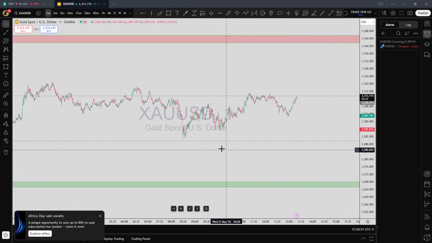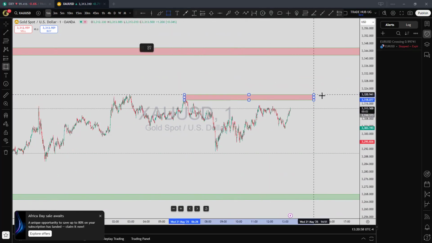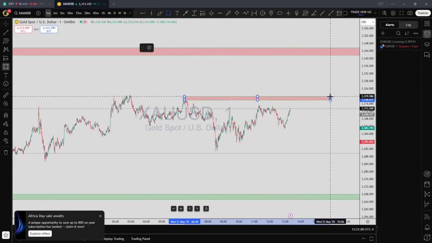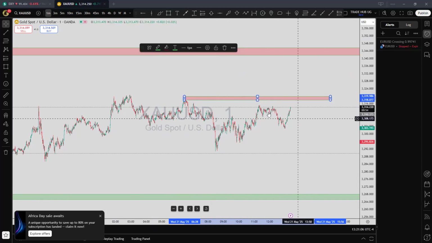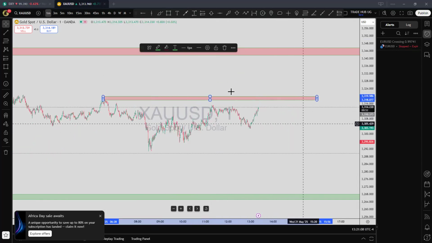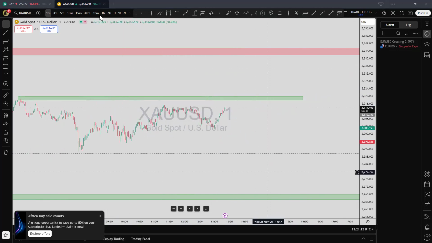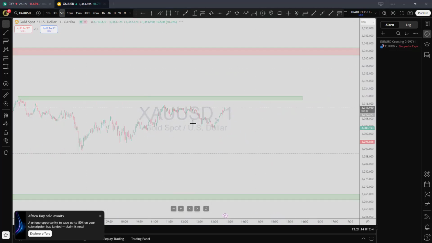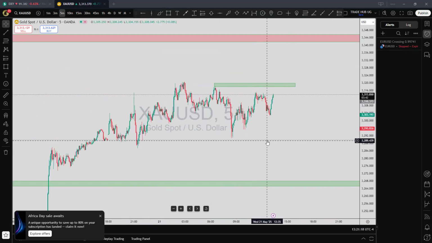There is this level too, and it is a strong resistance. Actually, it was a resistance level, but after it, it got a liquidity takeout. So this is another good level for us to exercise our buying rights, if it's not a resistance.